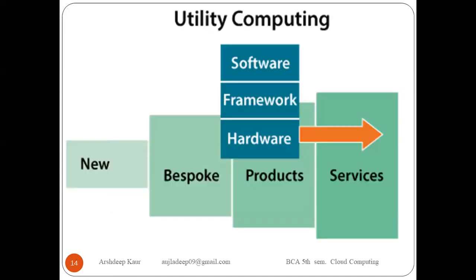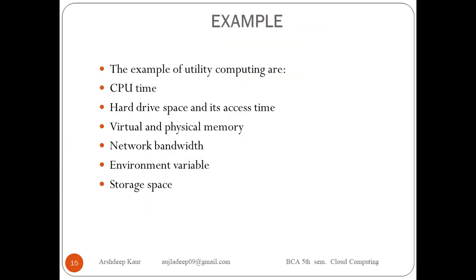This is the image of utility computing. We have different services, like a software service, a framework service, and a hardware service. These are some of the examples of using utility services or utility computing.